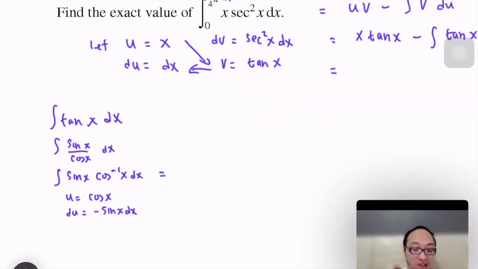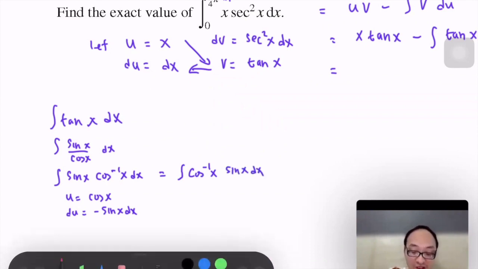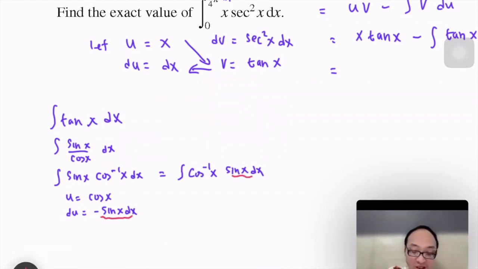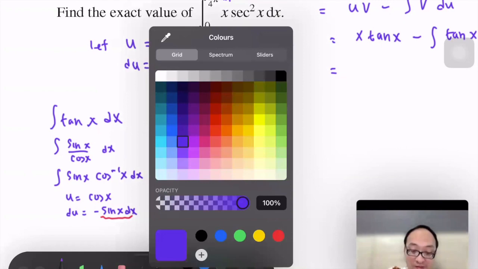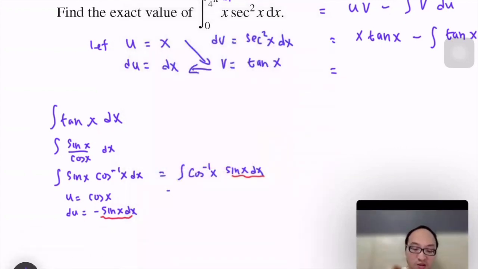So I rewrite it as the integral of cos x to the power minus 1 times sin x dx. Now, if you notice, this is the same, except for the negative sign. So we can put the integral of u to the power minus 1 times negative du. We can change sin x dx into negative du.